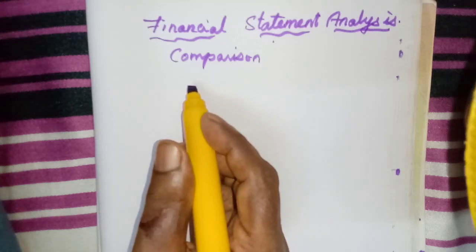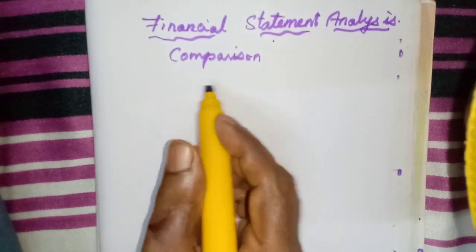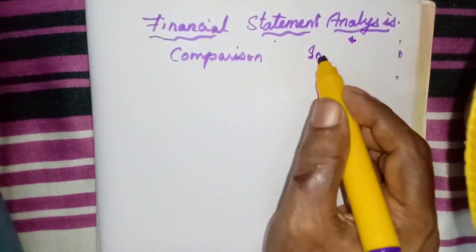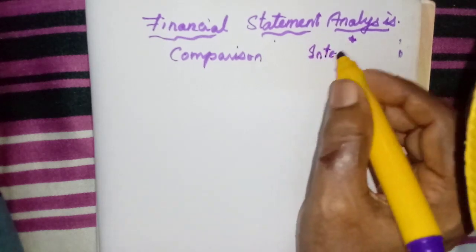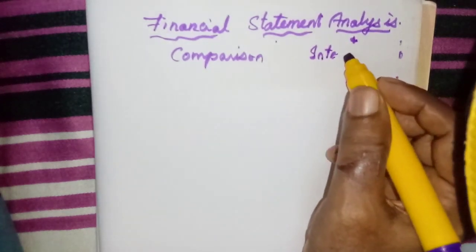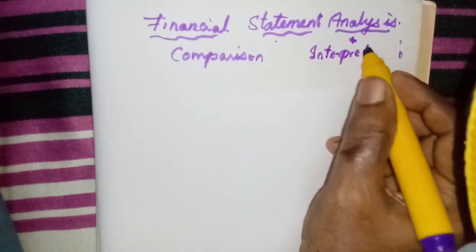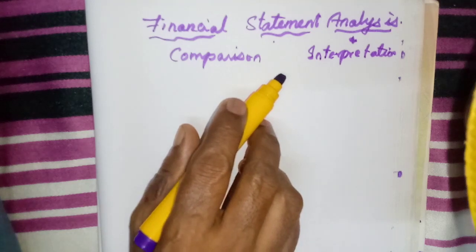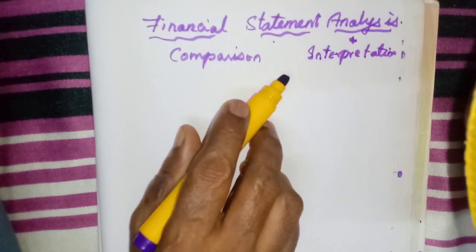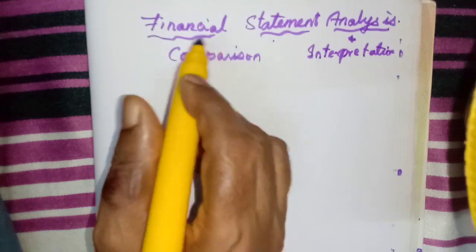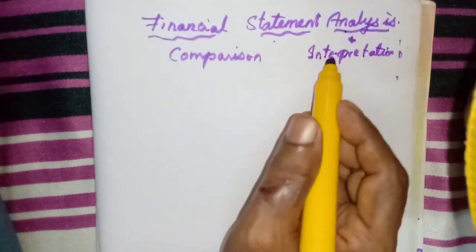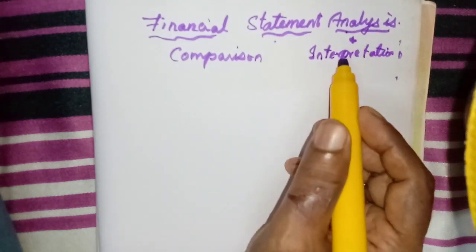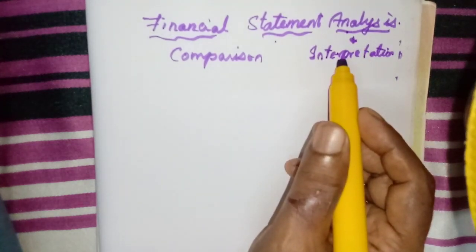That comparison will be done, and in 11th standard you might have learned this, analysis and interpretation. This is what we are learning extra from the financial statement. With the help of financial statement they will analyze and interpret. What is interpretation? They will explain the reasons for the variation.